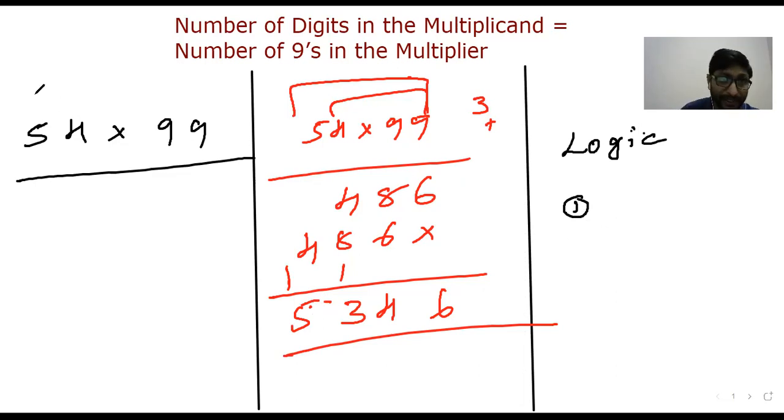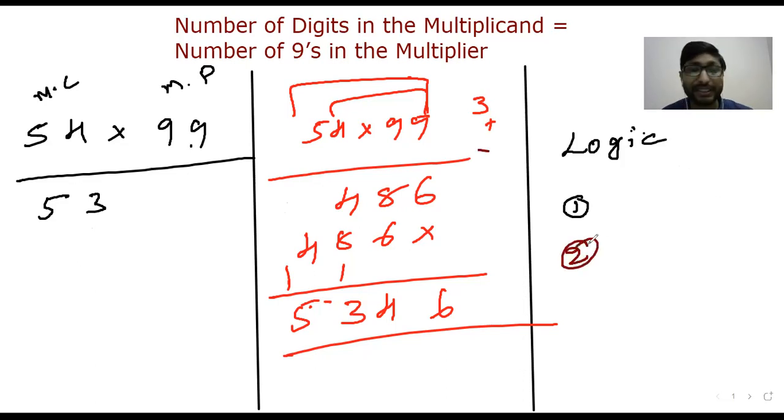You know this is the multiplicand and this is the multiplier. So 54 minus 1 is 53. Step 2: subtract every digit from 9. 9 minus 5 is 4, and 9 minus 3 is 6. So the answer is 5346.